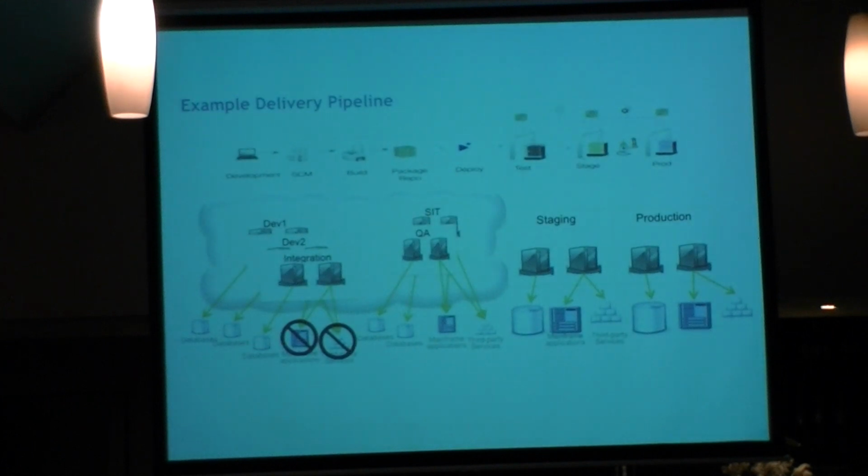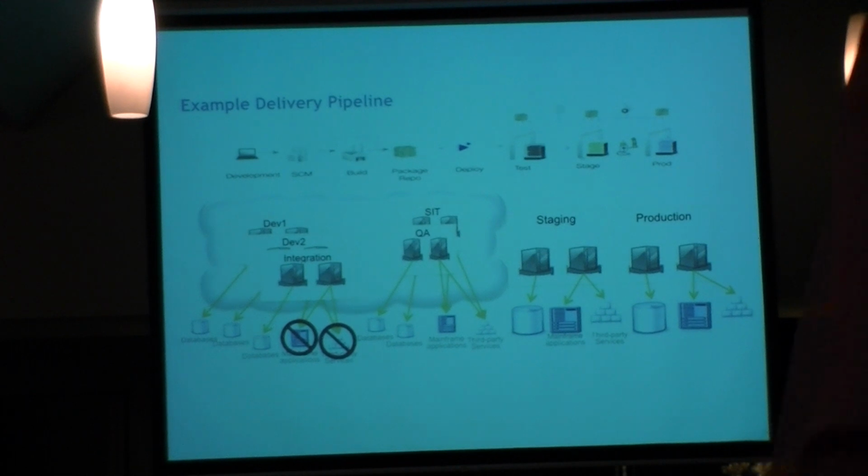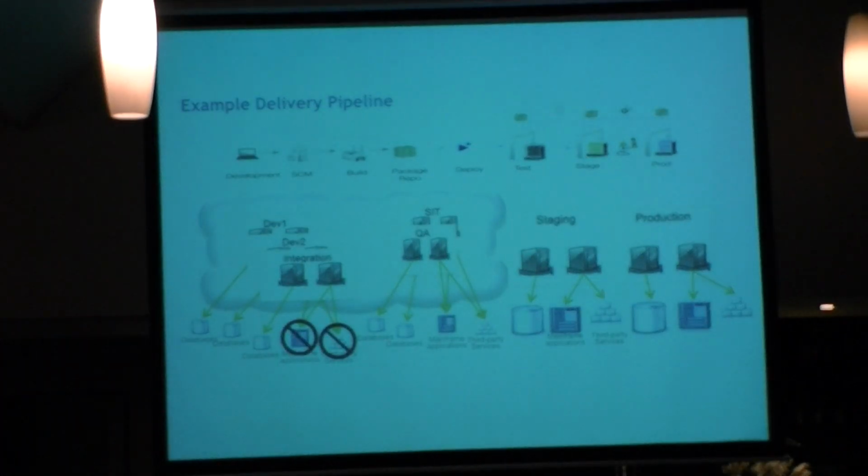So here is an example of a delivery pipeline. Normally from your development, SCM, build, that's the end-to-end, all the way from your package repo, deployment, test, and staging to your production. So that's the first line. The second line there is basically your environments. You have your environment mapped out according to your development life cycles.